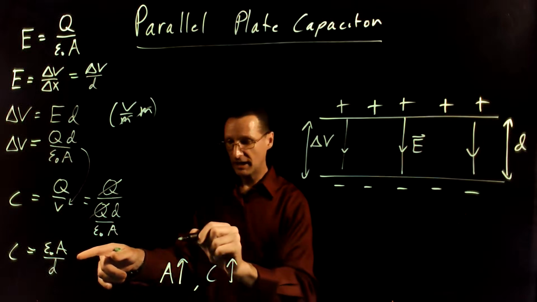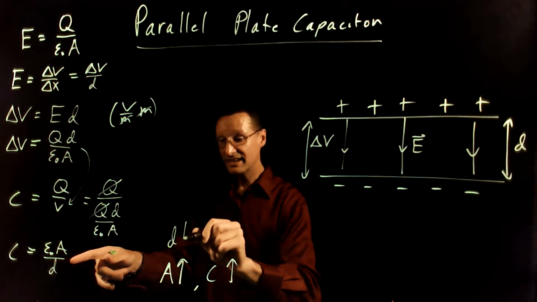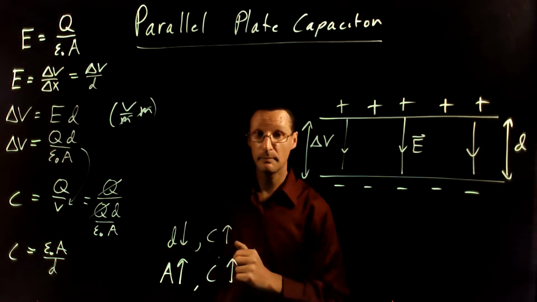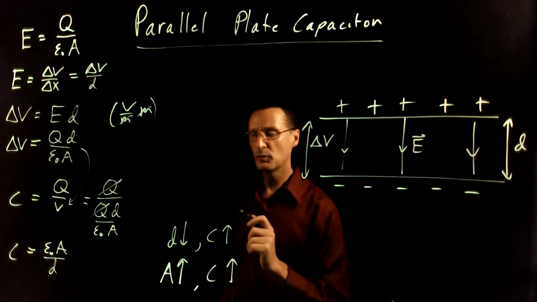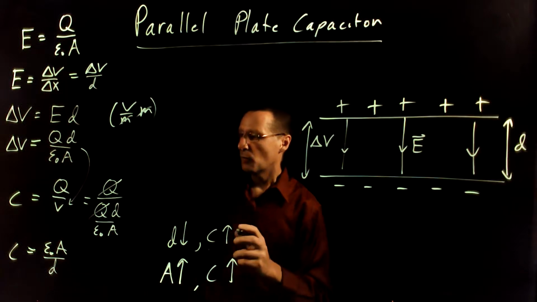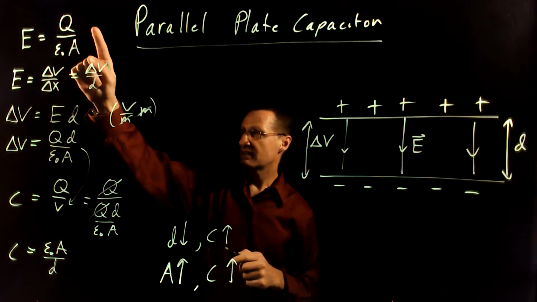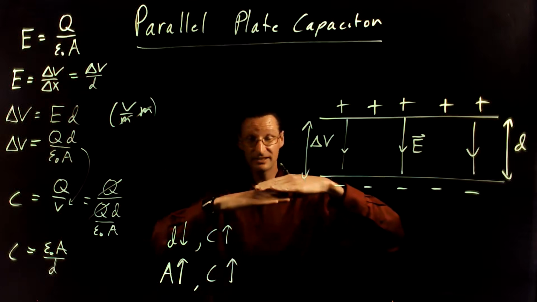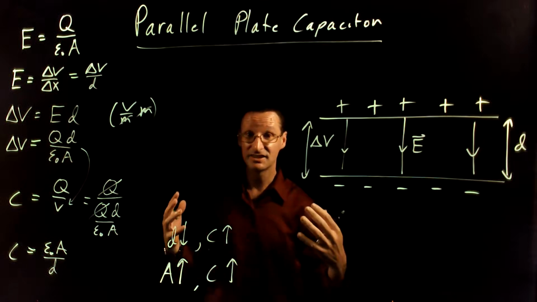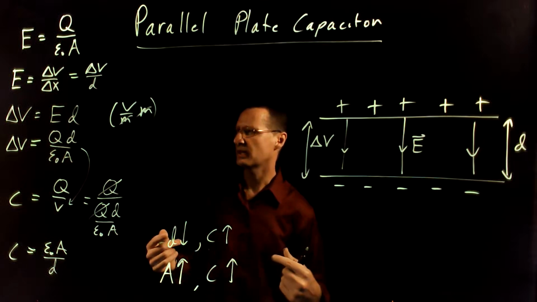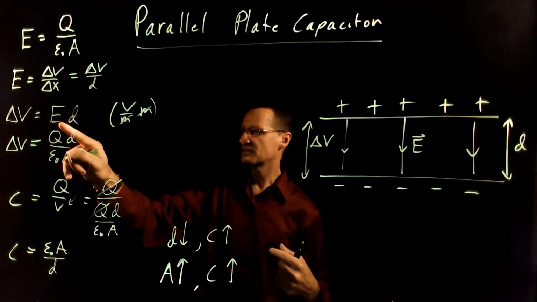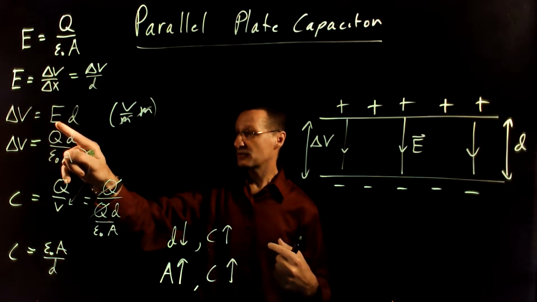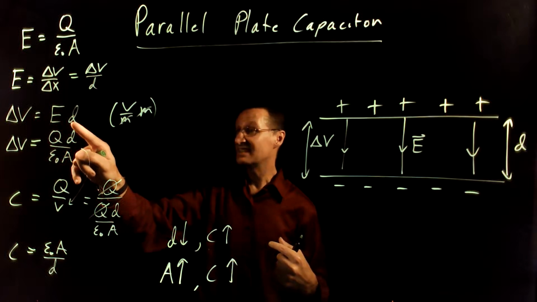I also notice that as I decrease the spacing of the plates, that also increases the capacitance. And that one's a little more confusing. One thing to note is that the electric field here does not depend on the distance. So as I decrease the distance, the electric field doesn't change. Okay, that's strange. But if I look at this, the electric field doesn't change, but the distance decreases.